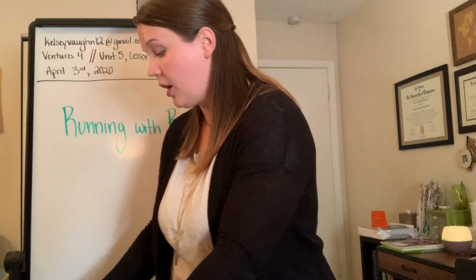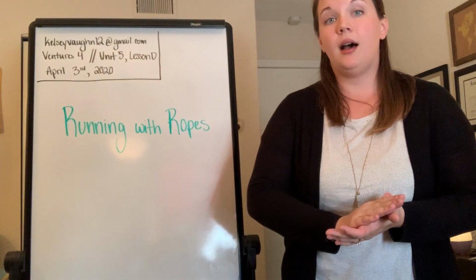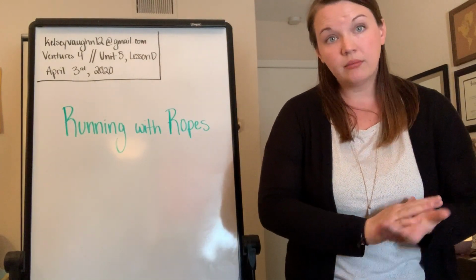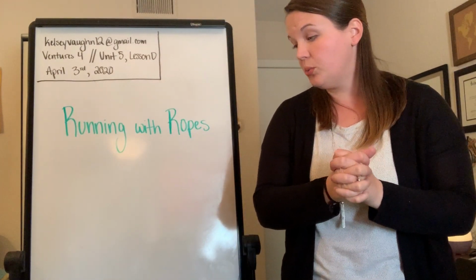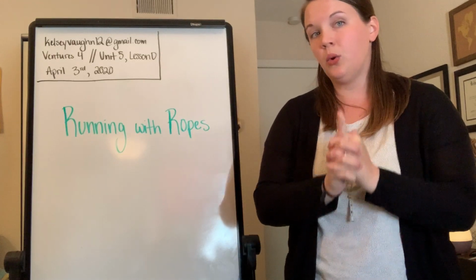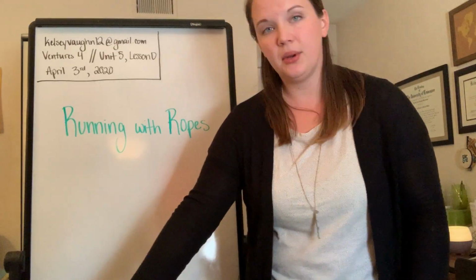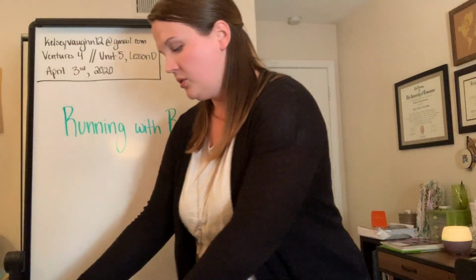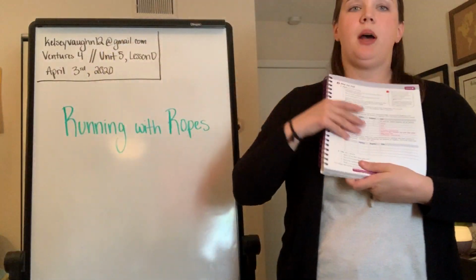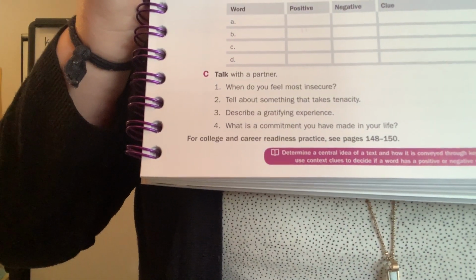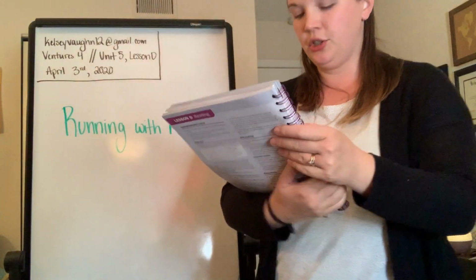So now, great job on all of this. Your homework is to pick one question from 3C. So you see at the bottom it says talk with a partner at the bottom of your page.